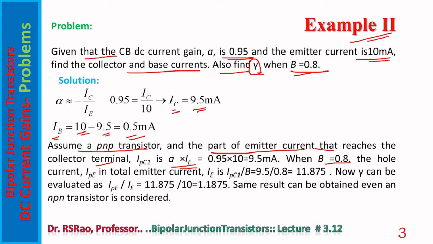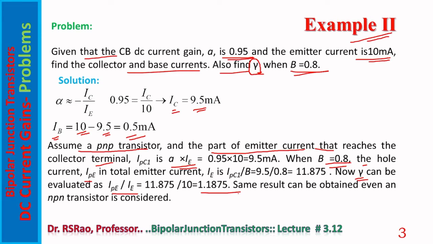When B equals 0.8, B meaning base transport factor, the whole current IPE in the total emitter current is IPC1 by B, equal to 9.5 by 0.8, equal to 11.875. Now gamma can be evaluated as IPE by IE.